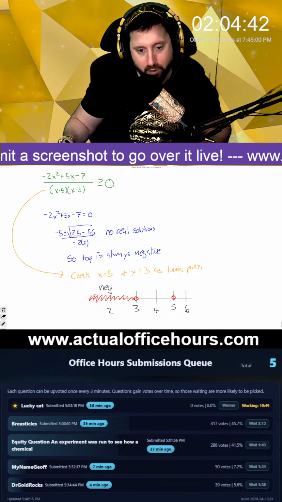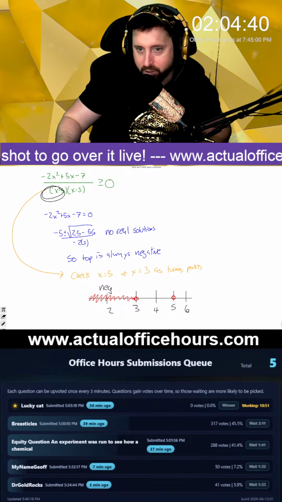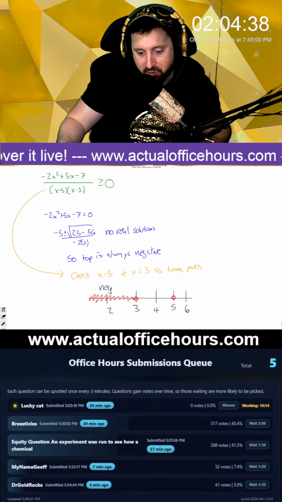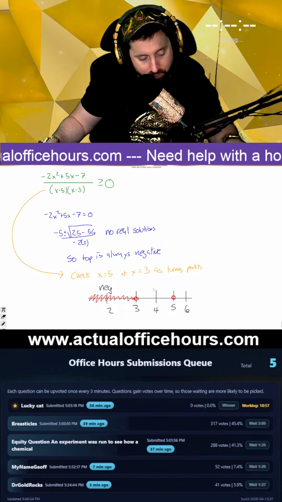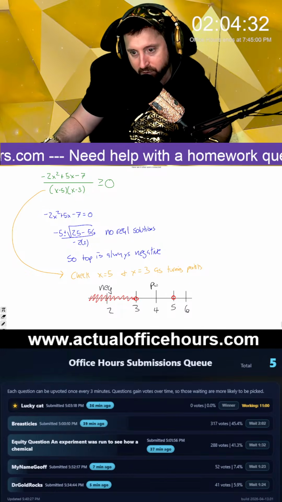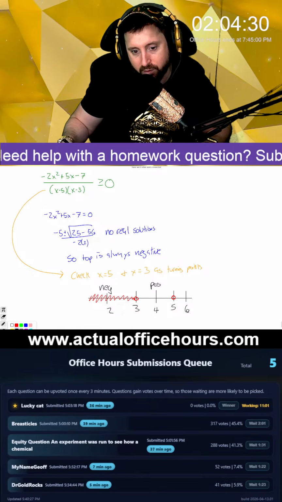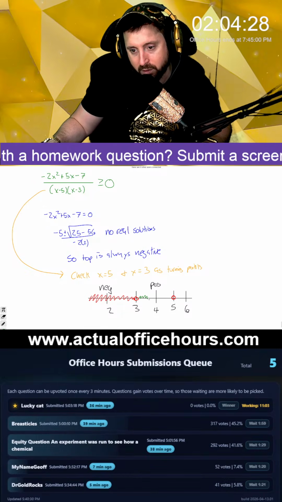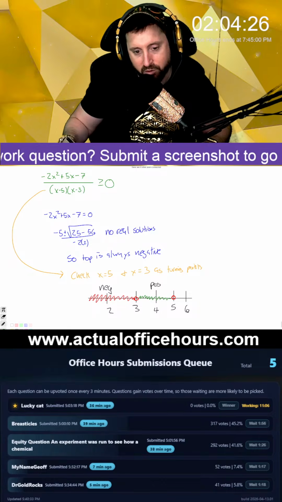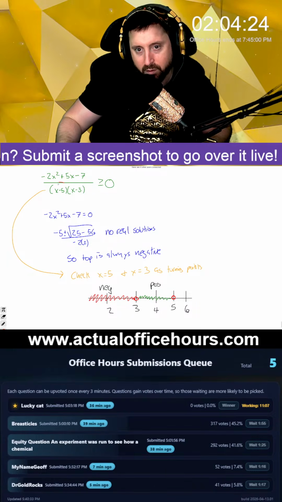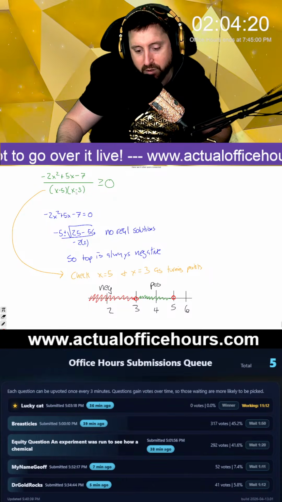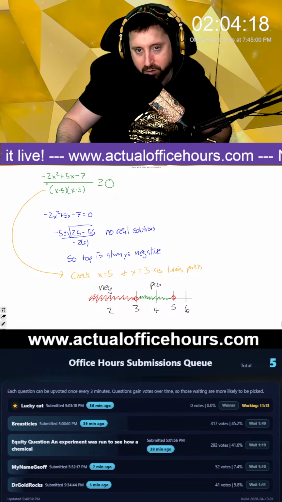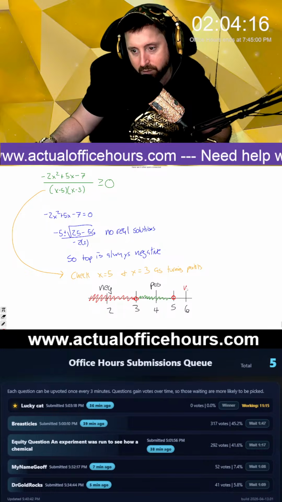Okay, so then let's check 4. If you plug 4 into here, you get negative times a positive, which is a negative, and negative over a negative is a positive. So this does work. So this is positive. So this area is great, all groovy. And then I'm going to assume 6 is not, because let's see, 6 minus 5 is positive, 6 minus 3 is positive, positive is positive, negative over positive is negative.